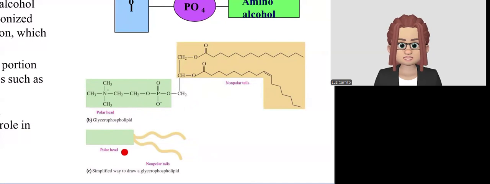If the polar head is not represented by a rectangle, sometimes it is represented by a circle, still with the two tails. To color code this in something similar, you can envision that the blue-green area is the polar head and the two tails are highlighted in orange.